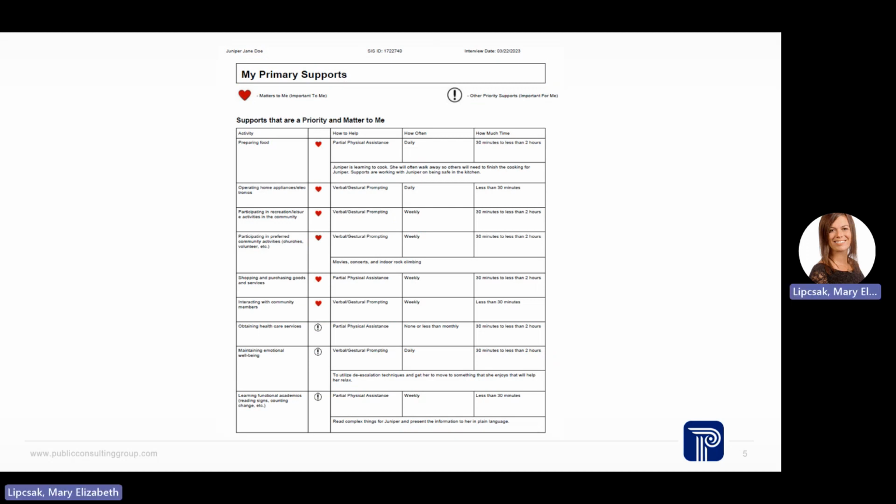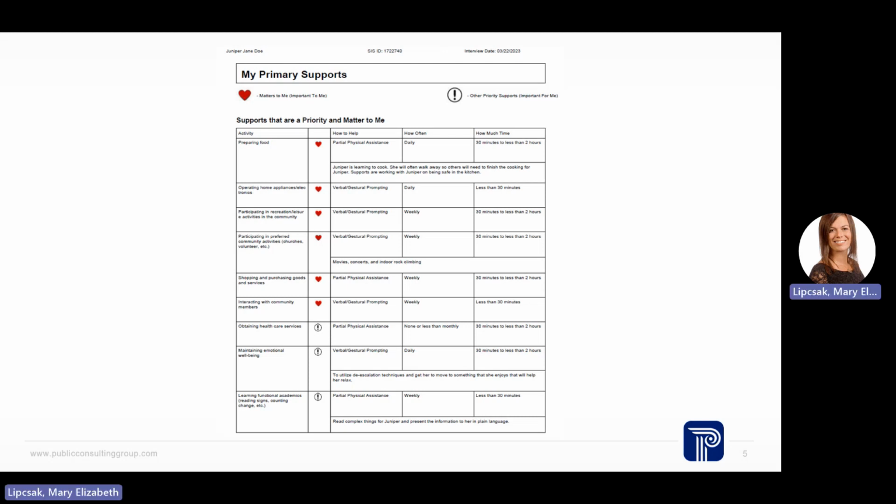My Primary Supports is a snapshot of what was captured during the interview. These are supports that are a priority and matter to the individual or what the respondent team deemed important to and for the individual.